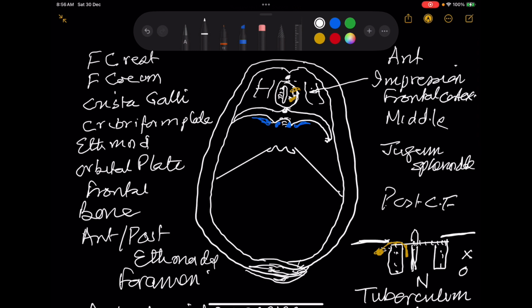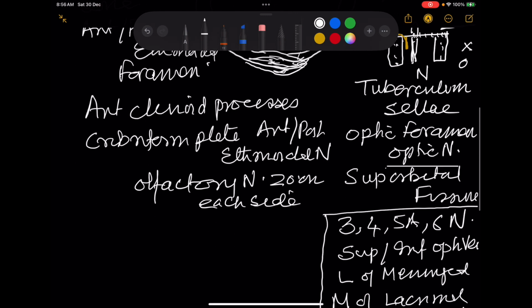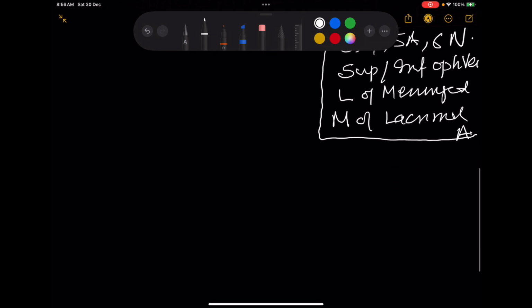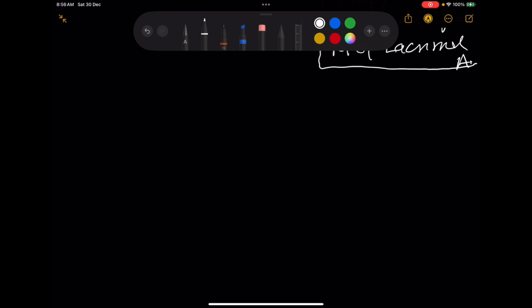Thus we finish the anterior cranial fossa. Now we'll draw the diagram again.